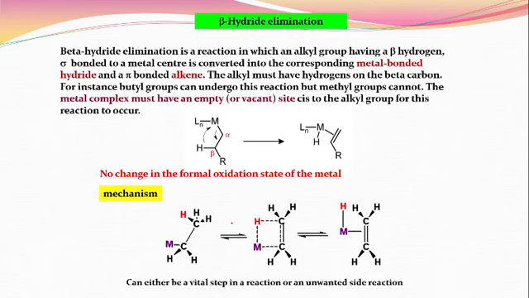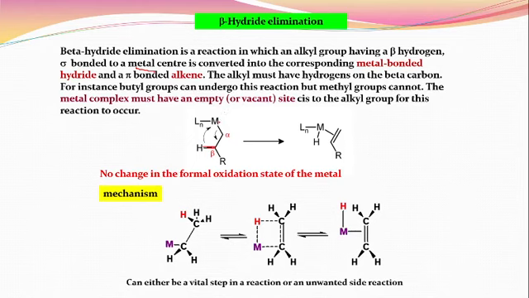Second, we are going to learn beta hydride elimination. What is this? Beta hydride elimination is a reaction in which the alkyl group must have a beta hydrogen. This is alpha and this is the beta hydrogen, you can see here. The alkyl group must contain the beta hydrogen, and it must form a sigma bond to the metal.